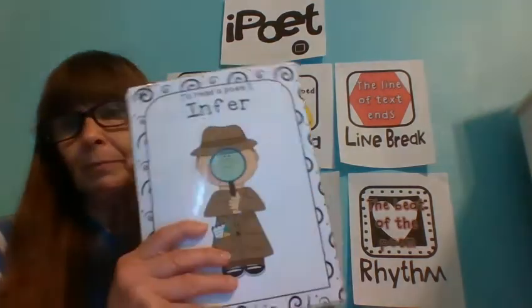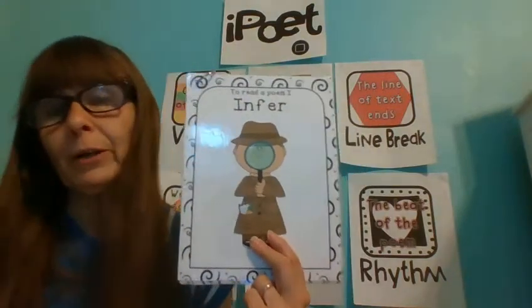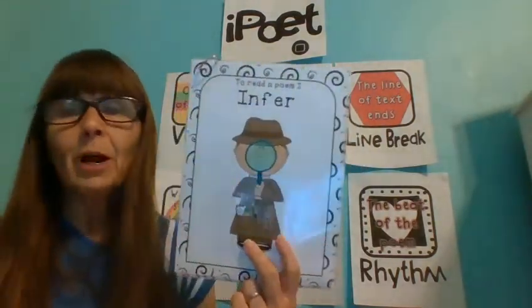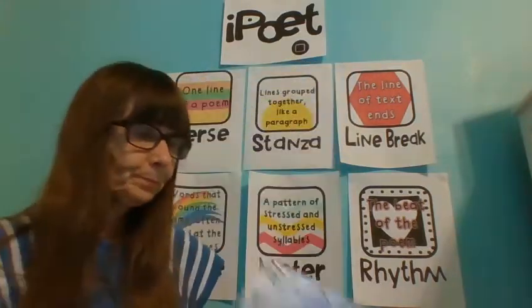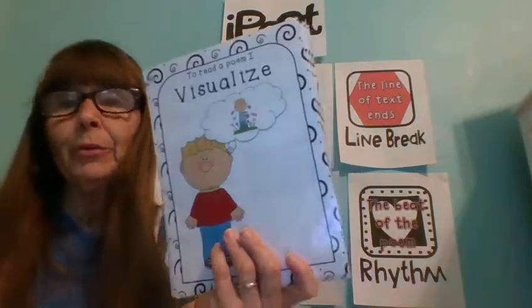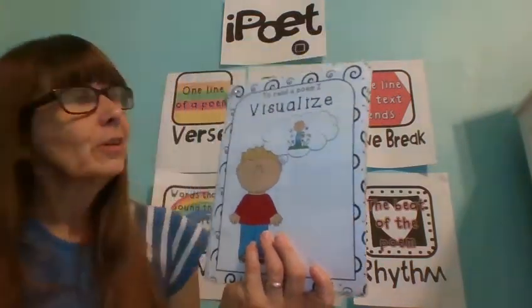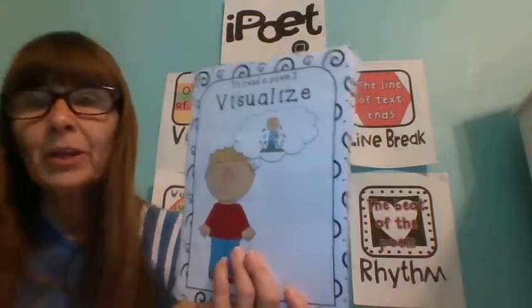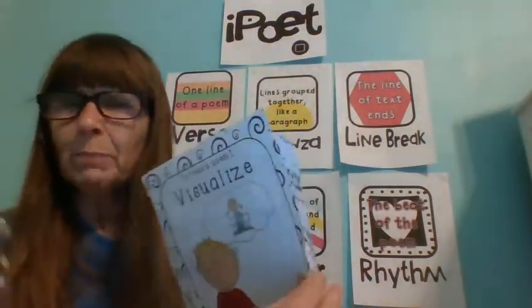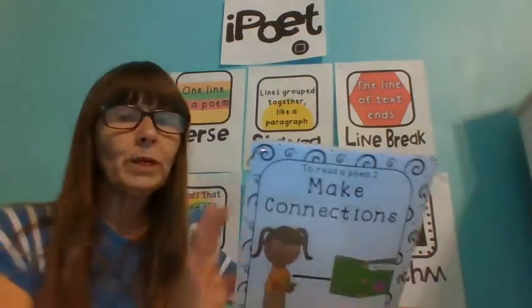You have to infer. This particular poem does not require too much inference, but I'll point out a couple places where you have to infer. Then we have visualize. Well, the book has illustrations, so there's not a lot you'll have to visualize. Maybe some of the stuff in between. You can make pictures in your head of what's happening in between.